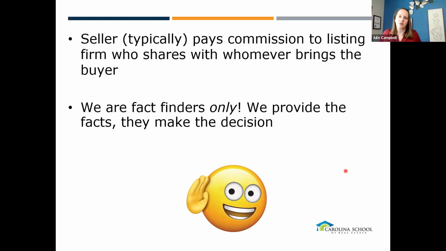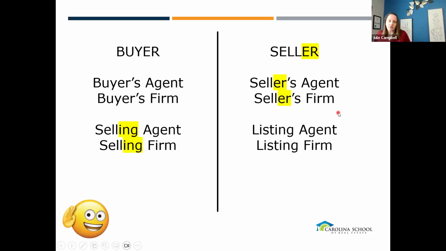The other thing we need to start discussing is some of the verbiage. We see it more and more when we get into Unit 8, but I don't think it's a bad idea to introduce us to the verbiage now. So again, there's only two parties to the transaction, the buyer and the seller. What our role is, what we're called depends on our role. So we have the buyer's agent or the buyer's firm working with the buyer.